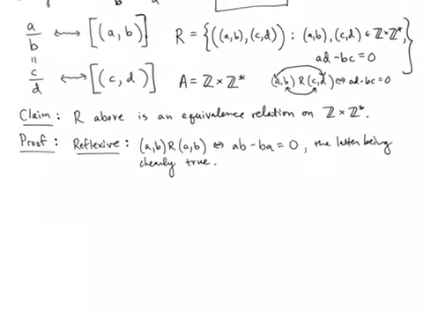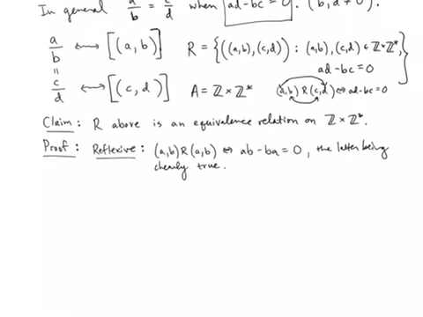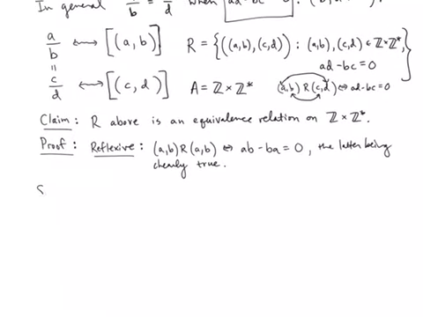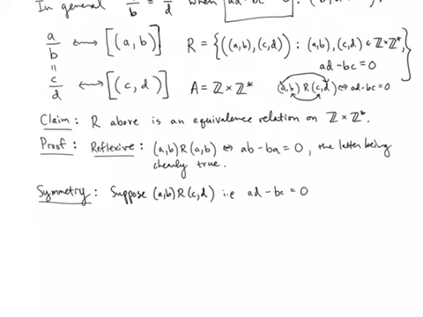The next thing we have to prove is symmetry. So to prove symmetry, we start with assuming that some pair AB is related to another pair CD. And then we want to show that CD is related to AB. So we start by assuming that AD minus BC equals 0. And then let's write down what it means for CD to be related to AB.